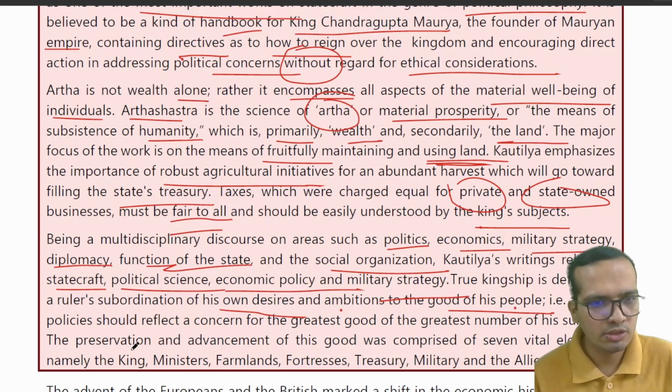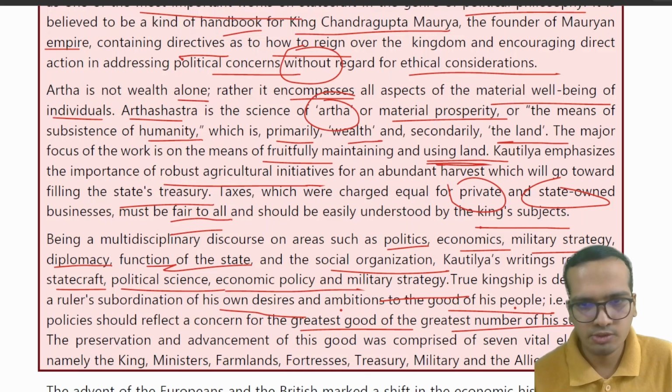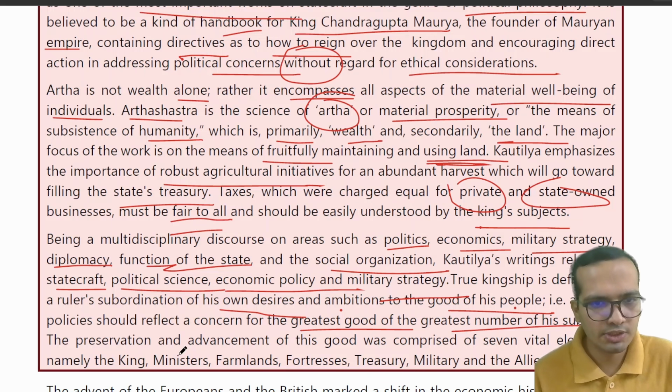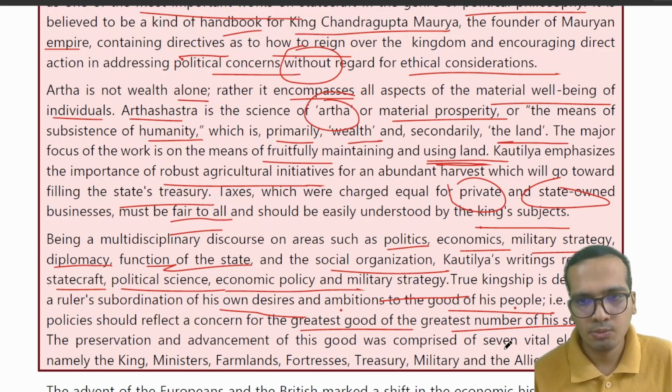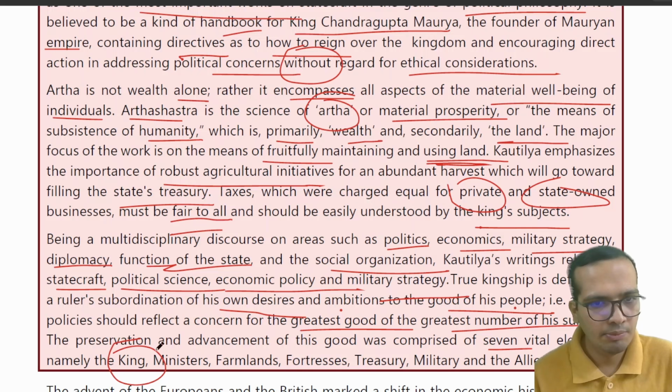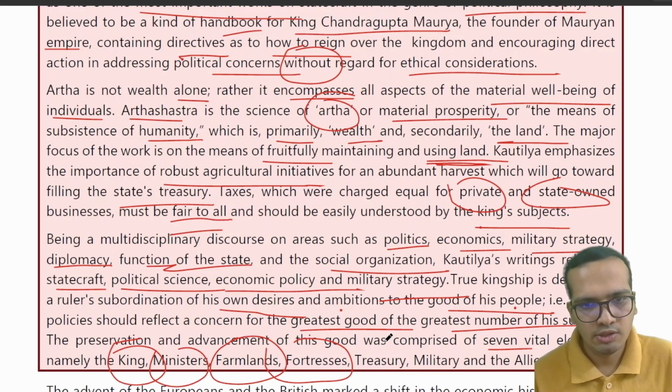A king's policy should reflect a concern for the greatest good of the greatest number of his subjects. The preservation and advancement of this good comprised seven vital elements, namely the king, ministers, farmlands, fortress, treasury, military, and the allies.